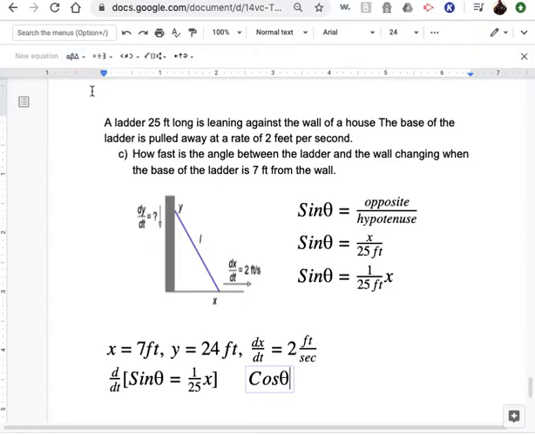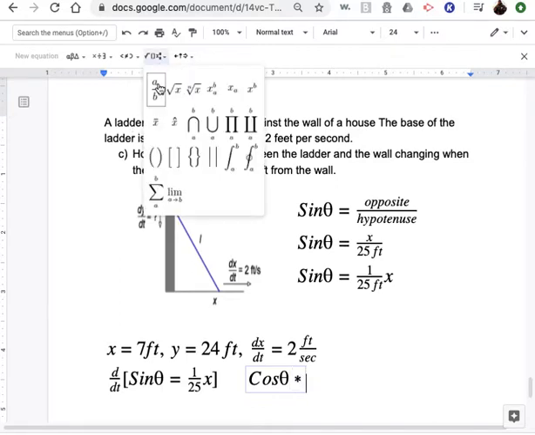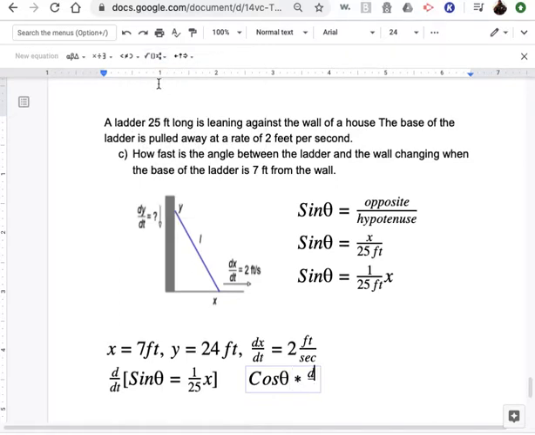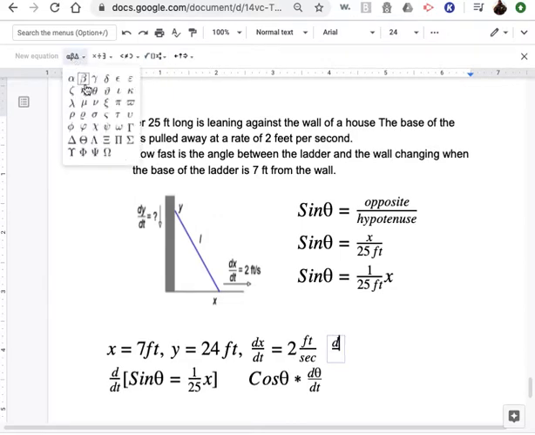And don't forget, theta is not time, so that is going to be multiplied by a rate of change, d theta over dt. That's important, and I didn't write that down up here, and I really should have. d theta/dt is what we're looking for in this problem, so I'm going to put that down really quick: we are looking to find the rate of change of the angle theta.